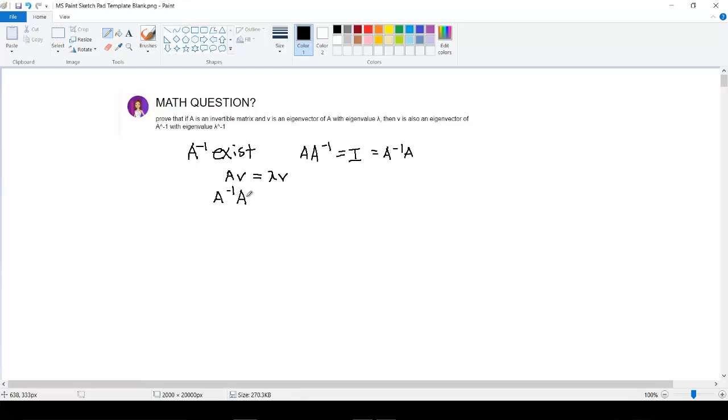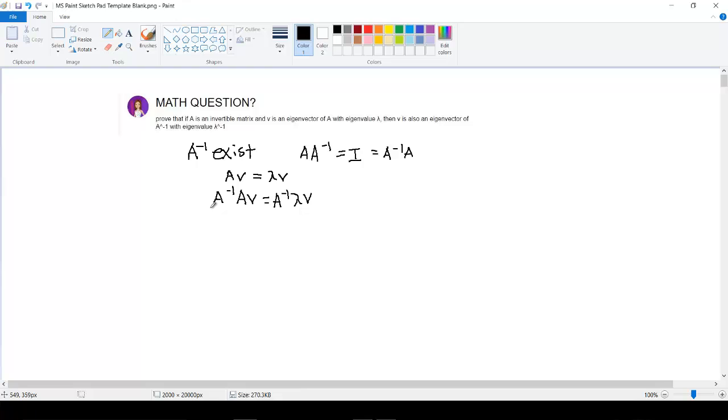This is matrix multiplication, so we have to be careful that we multiply on the same side. On both of these I have to multiply A inverse on the left side. If I were to move it to the right, it may not be equal, so we got to be careful about that.